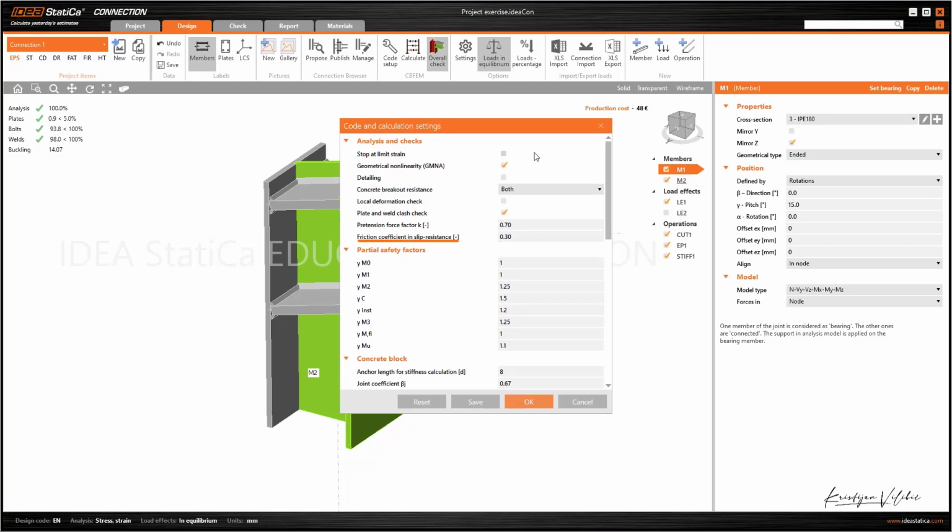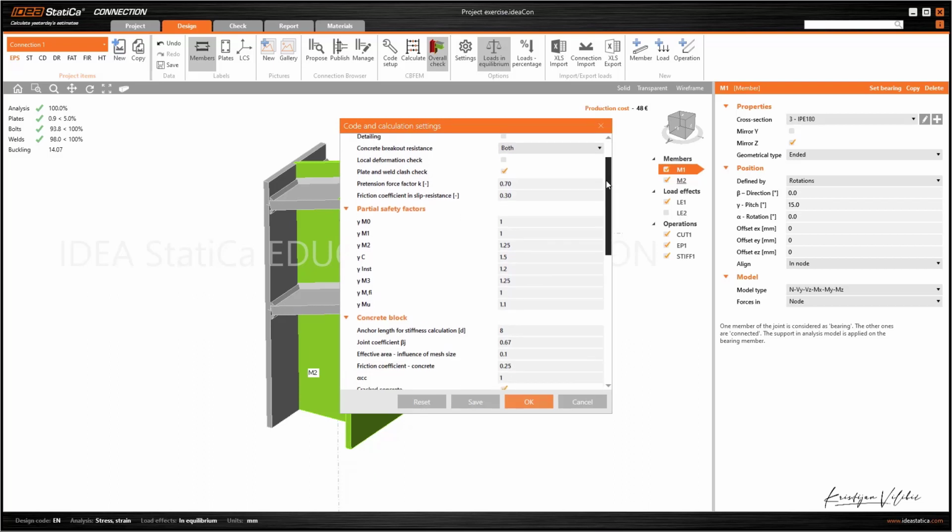Friction coefficient in slip resistance. It is a friction surface coefficient for the pre-stressed bolts. Partial safety factors. Partial safety factors reduce the resistance in the calculation process. They are in accordance with the selected design code but can be modified here.